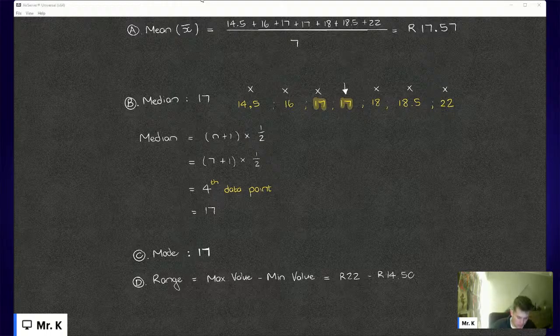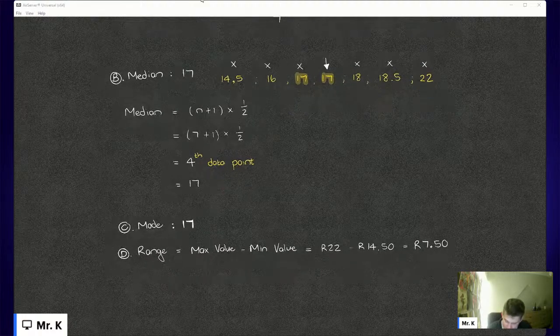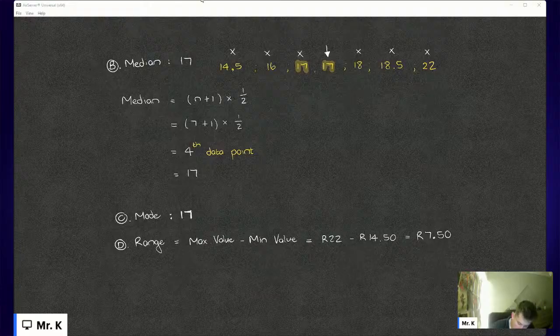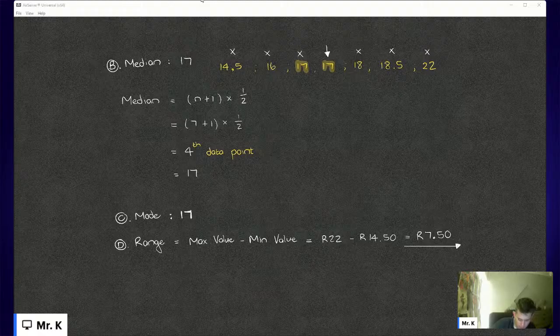So even though I only looked at 7 stores, I can see that there is a difference of 7 Rand and 50 cents between just 7 stores, right? That's a big difference. To know I can get something for 14 Rand in one place, but 22 Rand in another place is quite crazy.